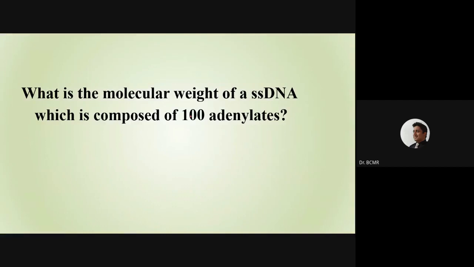I'll give you the molecular weight of this one, 300 or 330 Daltons, say. AMP is... what is the molecular weight of a single strand DNA, which is composed of 300 adenylates? I'm not saying it's AMP or ATP and so on. So you can note this question and try to find it out.